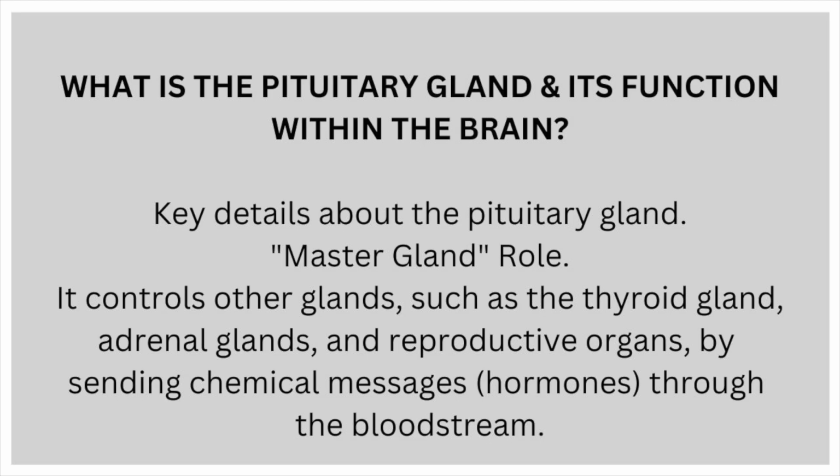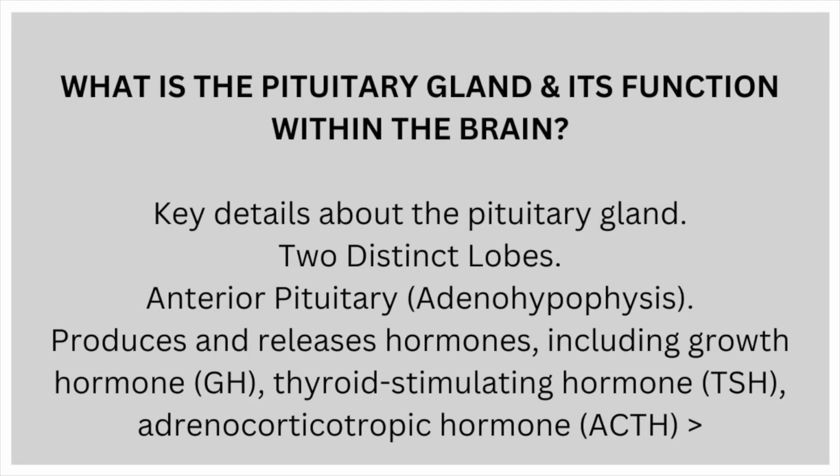The master gland role of the pituitary. It controls other glands such as the thyroid gland, adrenal glands and reproductive organs by sending chemical messages, these being hormones, through the bloodstream. Two distinct lobes. Anterior pituitary, this being the adenohypophysis.